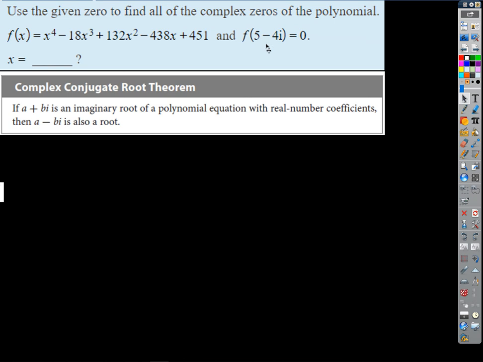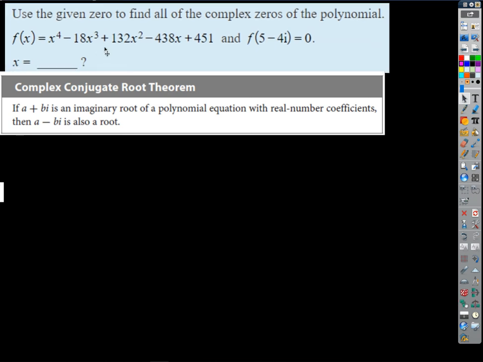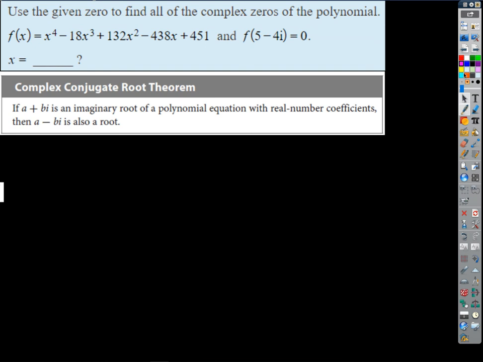And so we know that if 5 minus 4i is a zero, let's keep track of our zeros, then so is 5 plus 4i. They have to go together, right?